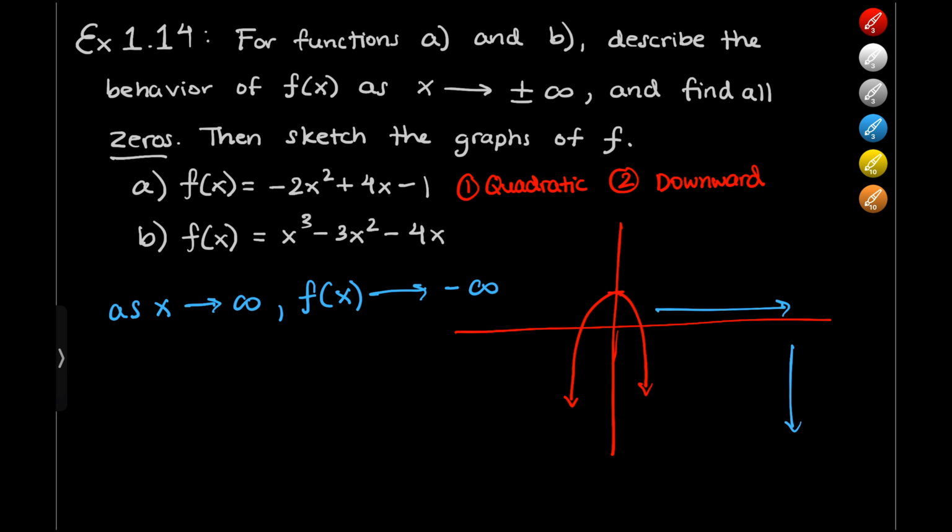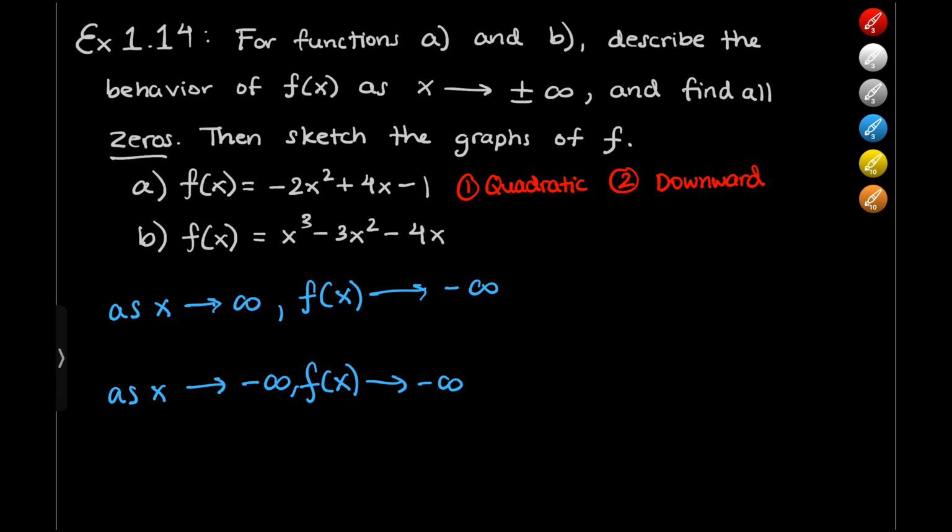And when you go to negative infinity, it also goes all the way down to negative infinity. So as x approaches negative infinity, f of x approaches negative infinity as well. This is the behavior of f of x for problem A.